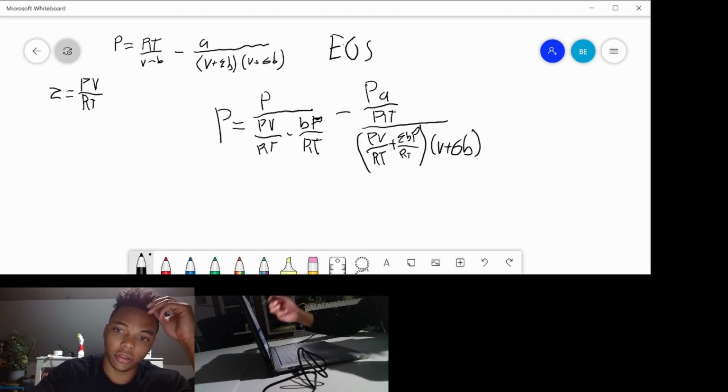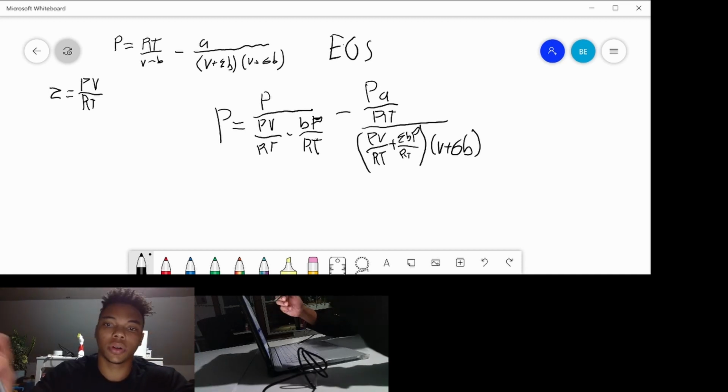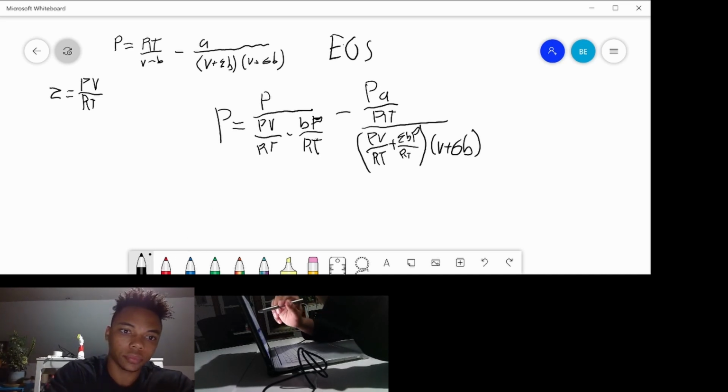You notice that we have another volume that's accounted for, so we're going to have to multiply our top and bottom again by P over RT. Let's do that one more time so that we can get our final equation.